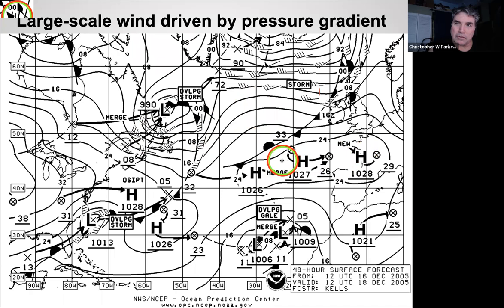So if you want to paint a picture of what the wind is like in the Northeast Atlantic, there's no wind at all from France toward the waters north of the Azores. And as we move north away from the ridge of high pressure, we'll pick up a gradually increasing west-southwest wind.